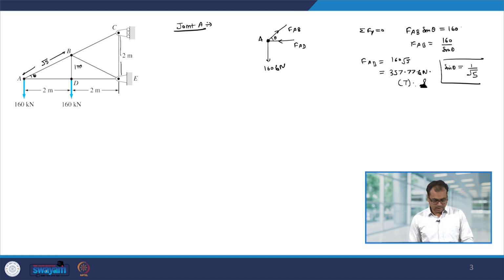Okay. So, this T stands for tensile. Now, let us use another equation, summation Fx equal to 0.